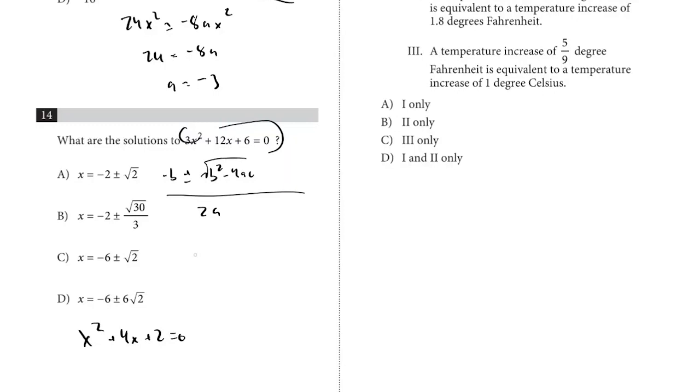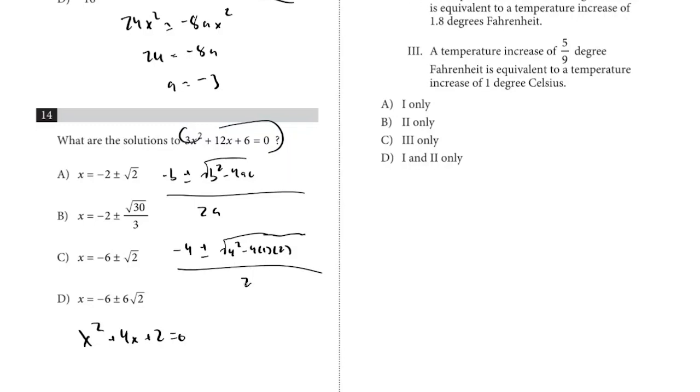Now subbing in all the values, we'll get negative 4 plus or minus square root of 4 squared minus 4 multiplied by 1 multiplied by 2 all over 2a, which is just 2.